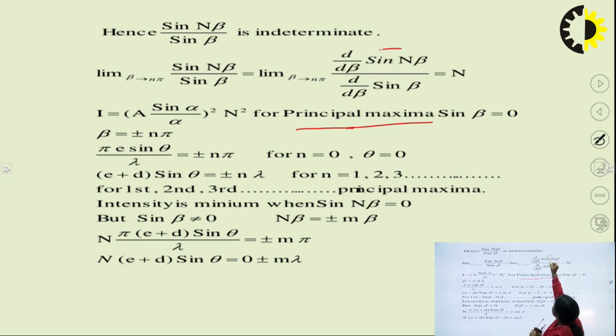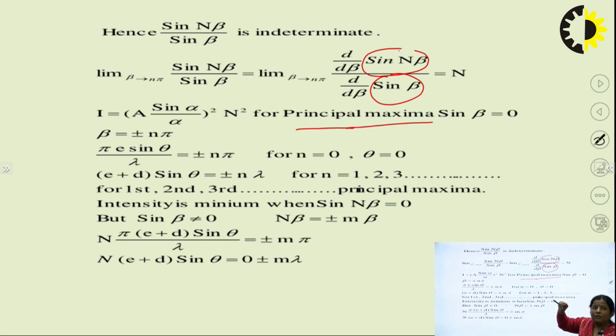We just differentiate this sine n beta by beta, and we differentiate this sine beta. So when we differentiate, this will be n cos n beta, and this will be only cos beta. And then we put the limit beta tending to n pi.